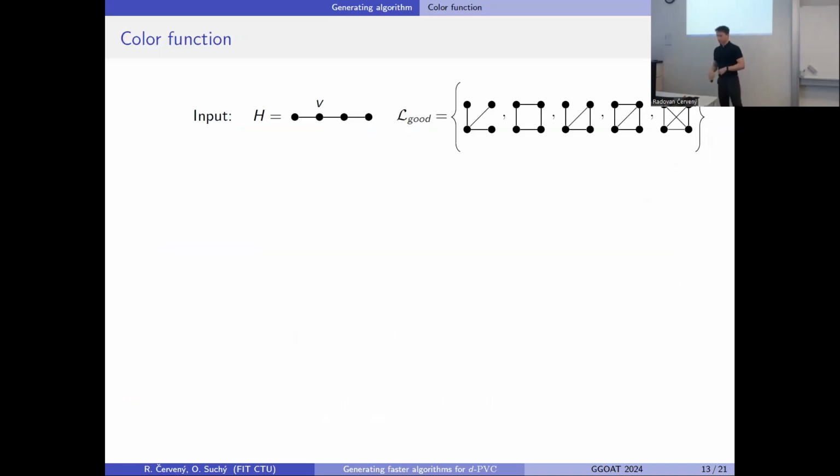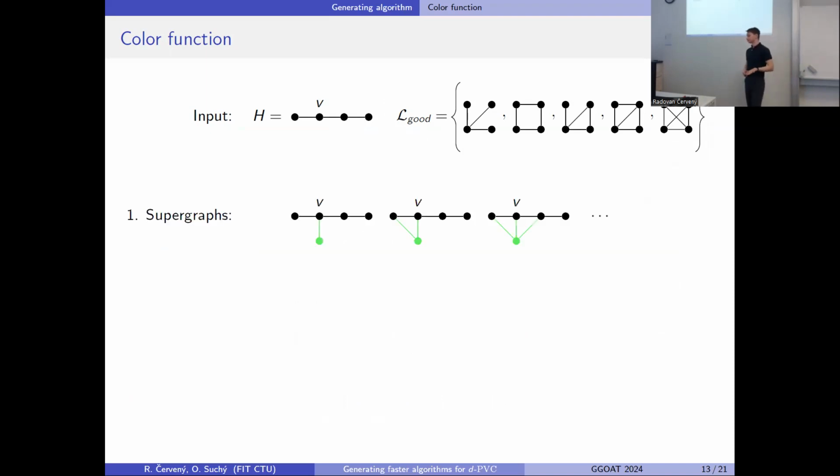Okay, so the color function is actually our main contribution, or one of the main contributions of this paper, which is very different from the approach of Grammetal, or rather an improvement upon the approach of Grammetal. And what is it?